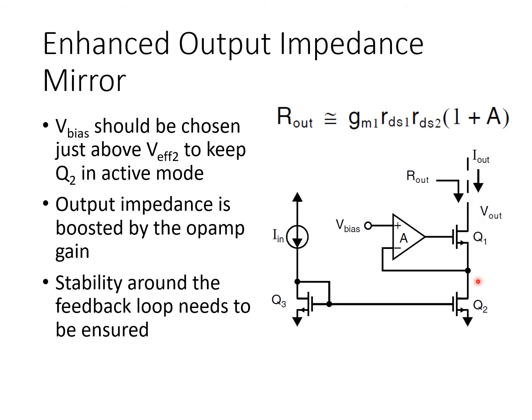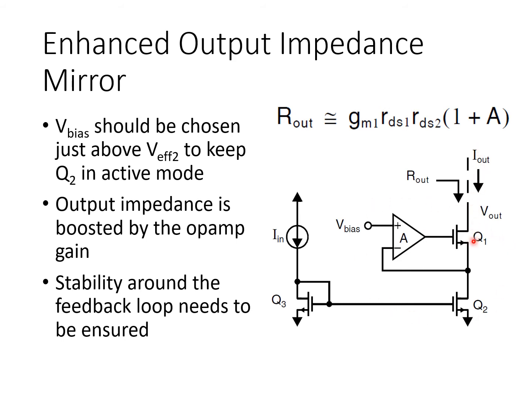In a sense, Q2 is shielded from that, not just by Q1, but is further enhanced by the gain of the amplifier A.